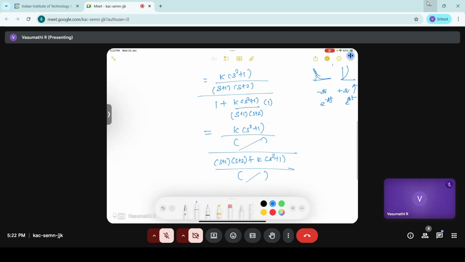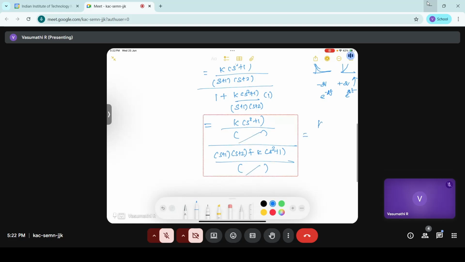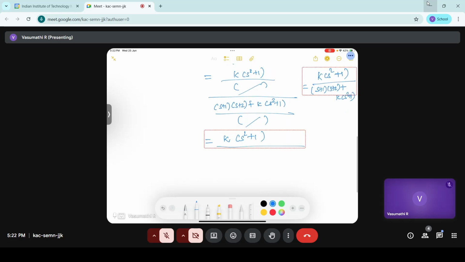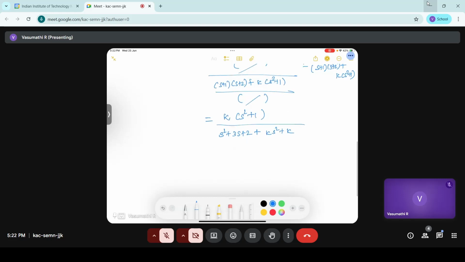This denominator and this denominator will get cancelled. Overall, you would end up having k into s square plus 1 divided by s plus 1 into s plus 2 plus k into s square plus 1. Right. If I simplify this, you will get s square plus 3s plus 2 plus ks square plus k.